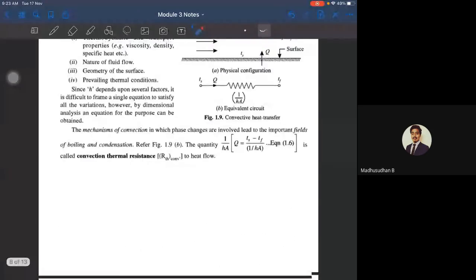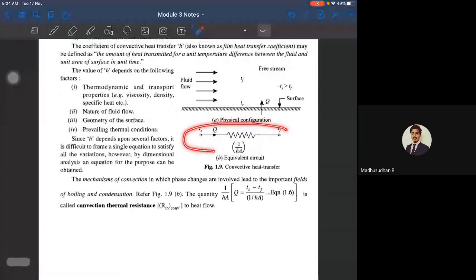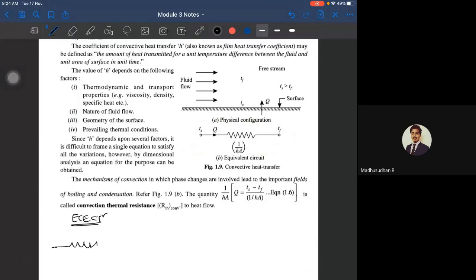In an electrical analogy, we have discussed that for an electrical circuit like this, there would be some resistance, current would be flowing, and there would be a potential difference to drive it.